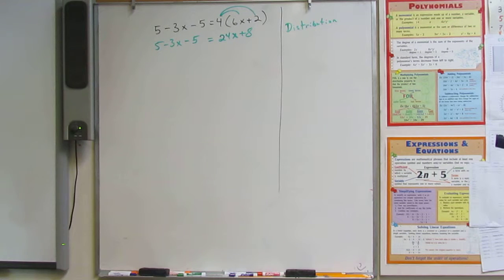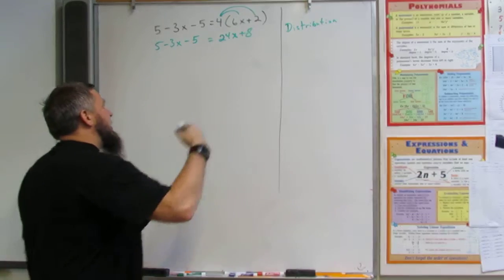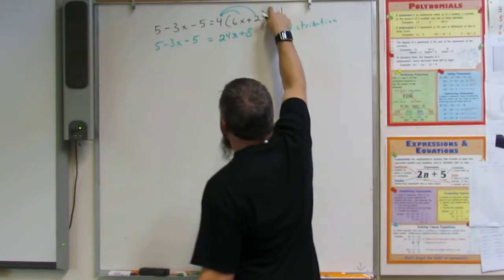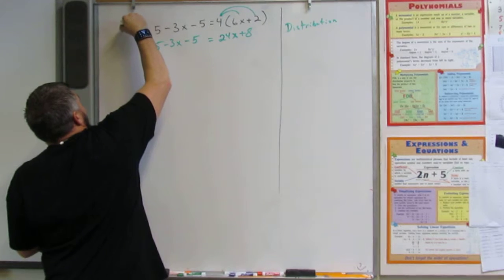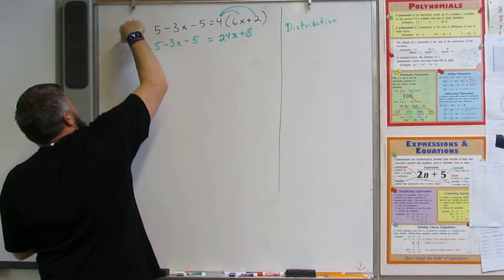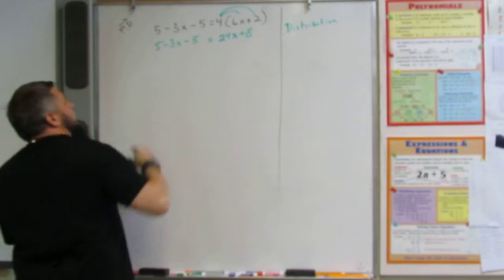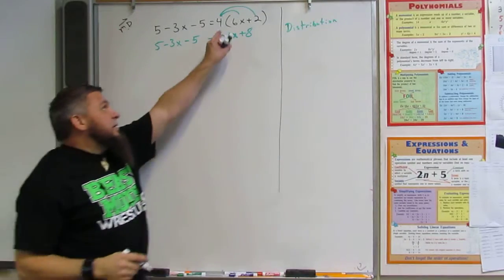Okay? So that's distribution. Next, anytime we use PEMDAS. In other words, parentheses, exponents, multiplication, and division from left to right. That's what we did here.